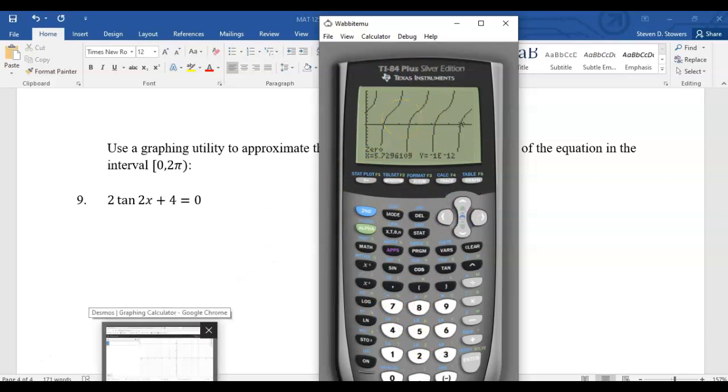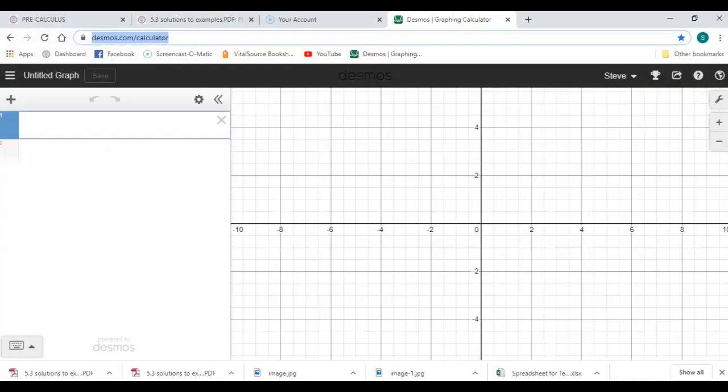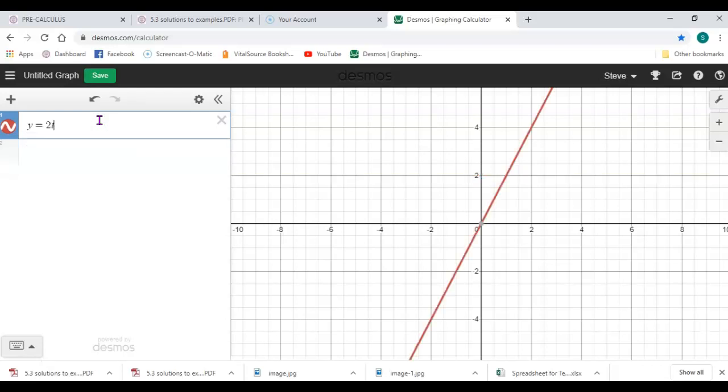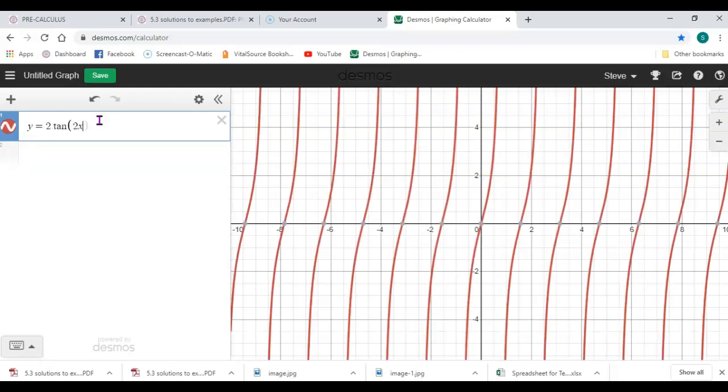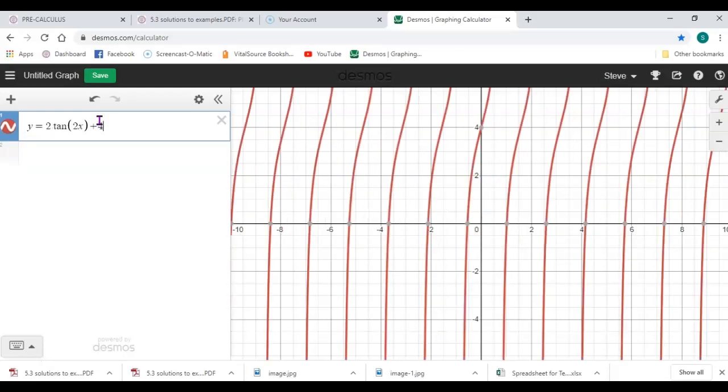Now let's do it using the Desmos graphing calculator, and this is the online version. So I went to desmos.com/calculator, and I'm going to type in y equals 2 times the tangent of 2x plus 4. So there's the graph.